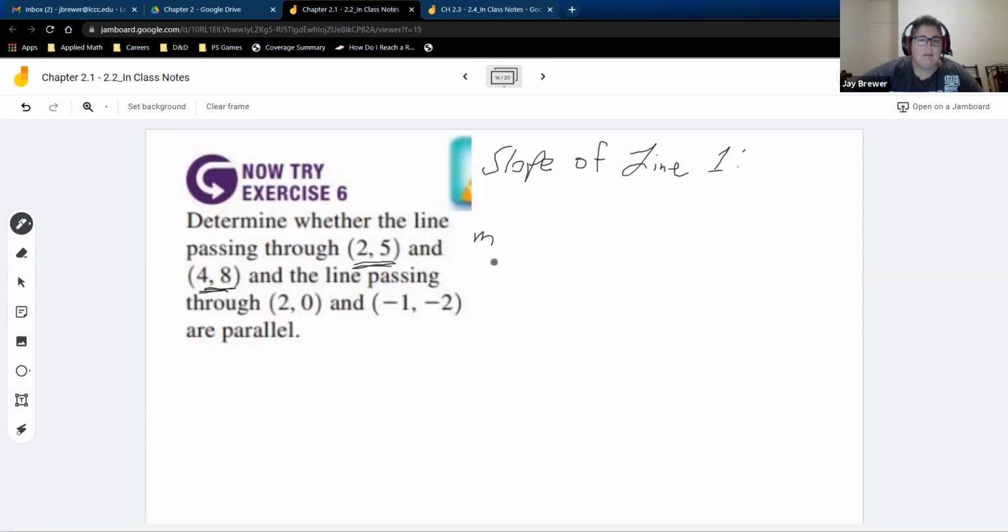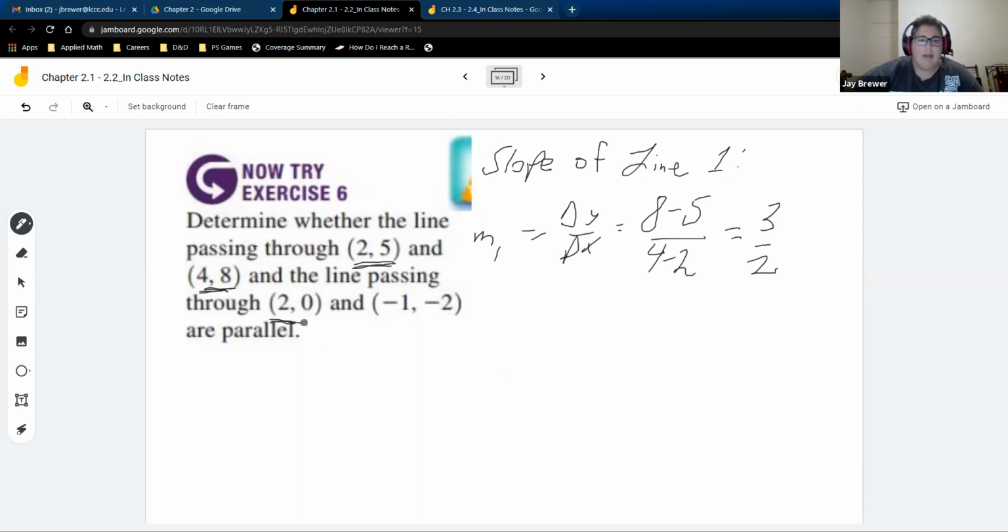So that would be slope 1, which is going to be the change in y over the change in x. So we have 8 minus 5 over 4 minus 2, which gives us 3/2, or 3 over 2.